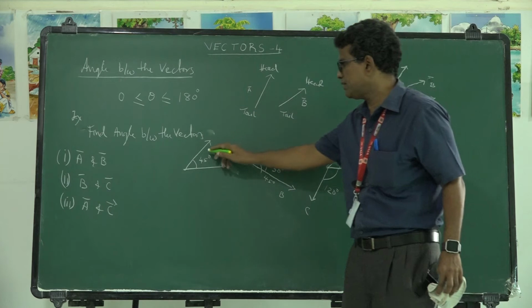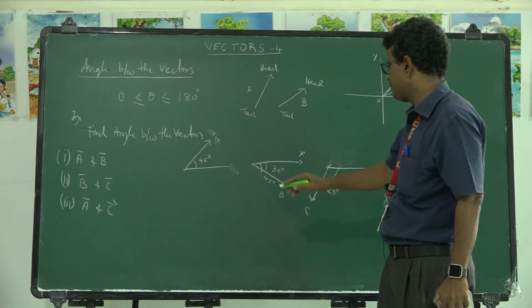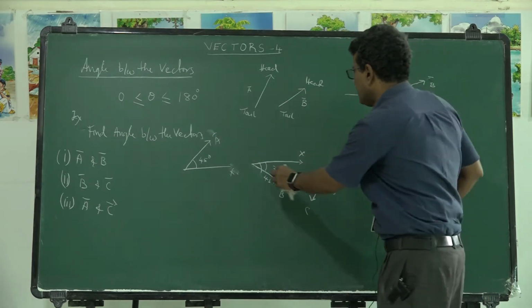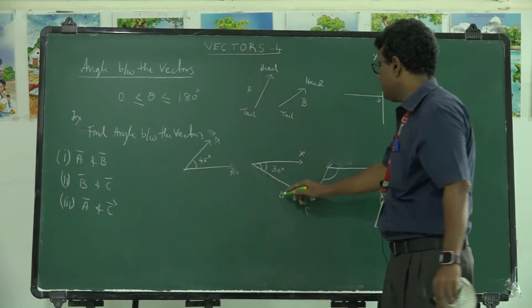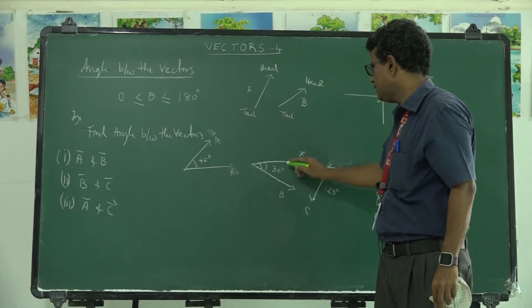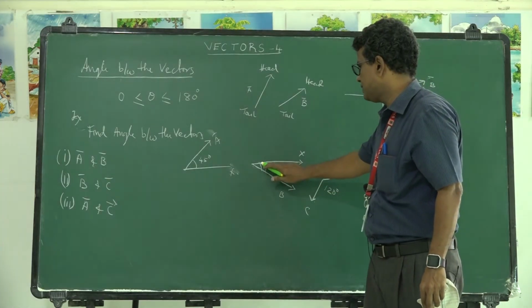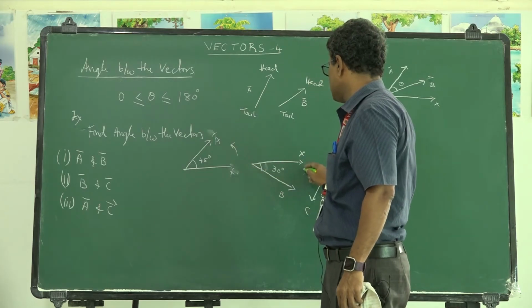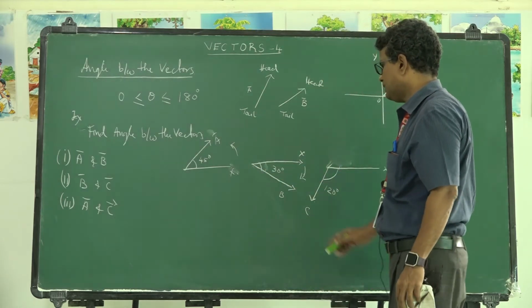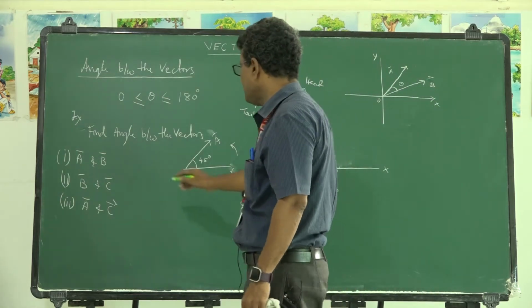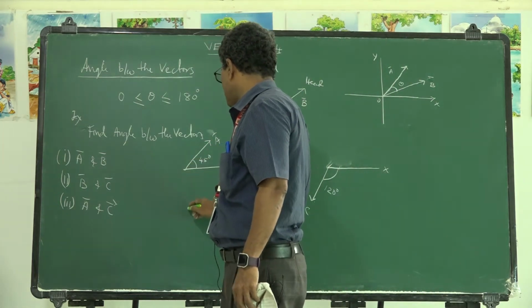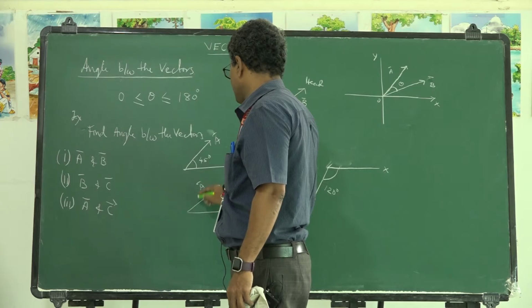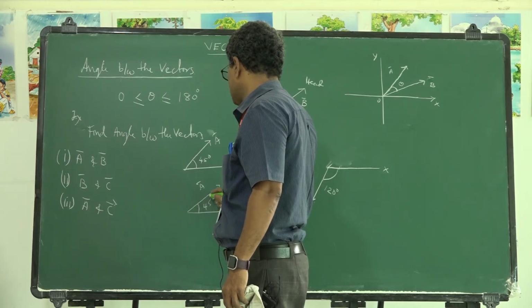These are the three given vectors. This is the first vector A bar, which makes an angle of 45 degrees with the x-axis. This is the second vector B bar, which makes an angle of 30 degrees with the x-axis, but this is anti-clockwise and this is clockwise. So, what is the angle between these two vectors? To determine the angle between A and B, you draw the first vector as it is, A bar, at 45 degrees with the x-axis.